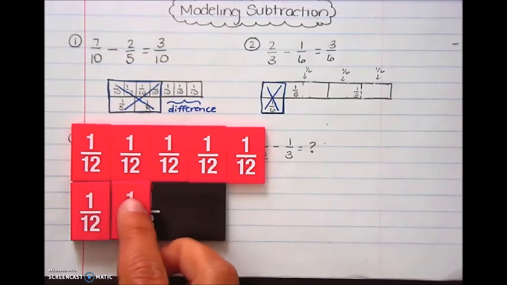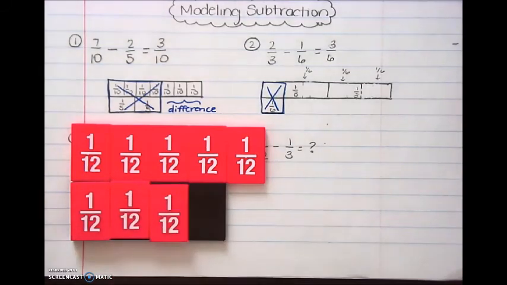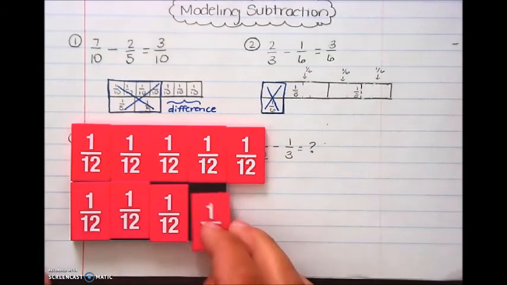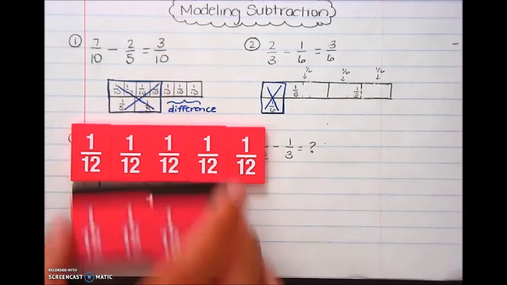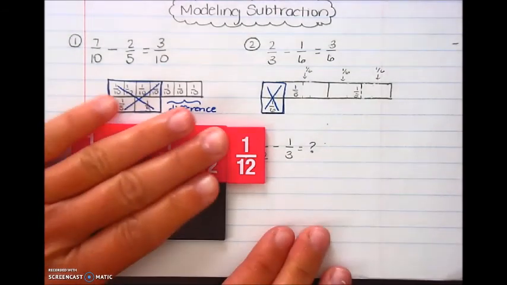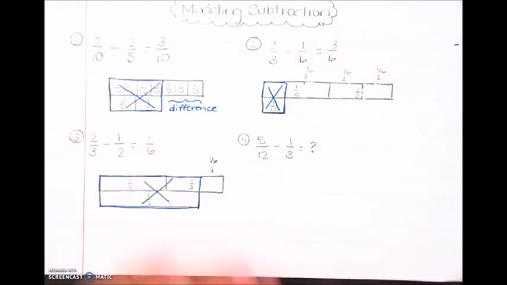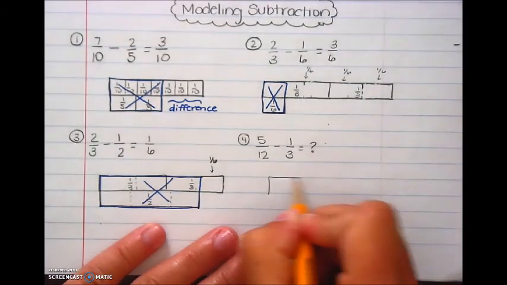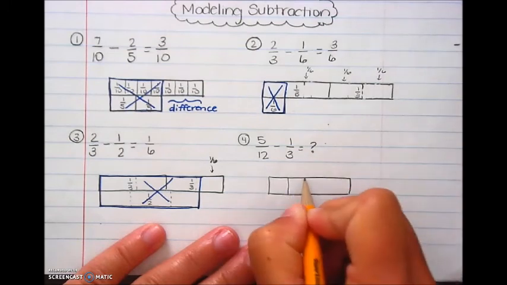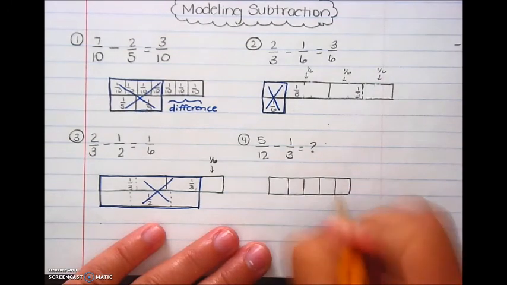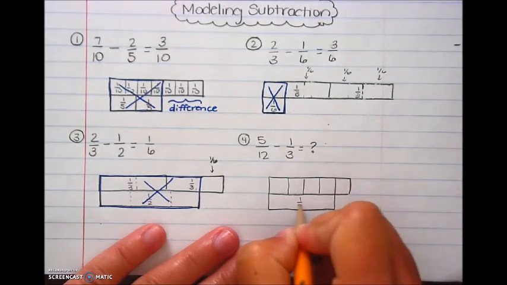That's actually what you're doing when you're lining things up. You're basically saying that you recognize that there's an equivalent fraction to be made out of the tiles that you used in your first number. But for our model, I can show this by simply saying that if I were to subtract this 1/3, I would be left with 1/12 piece. So that means I will have my 5/12, 1, 2, 3, 4, 5, minus my 1/3.